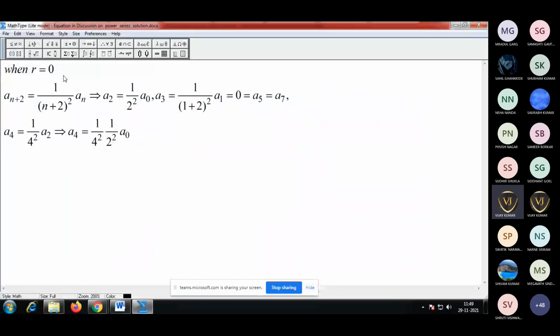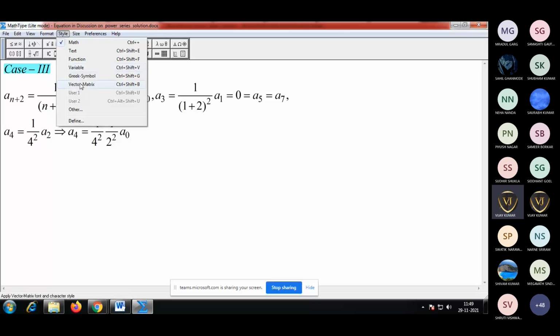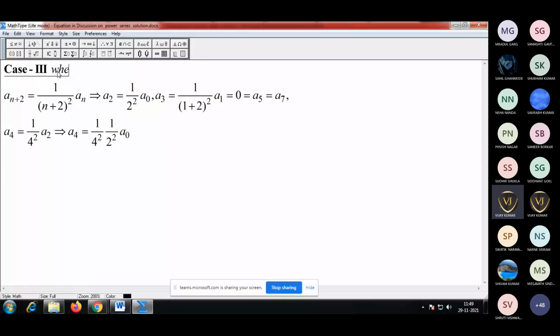Now case 3. When the roots of the initial equation solution are distinct but they differ by an integer.